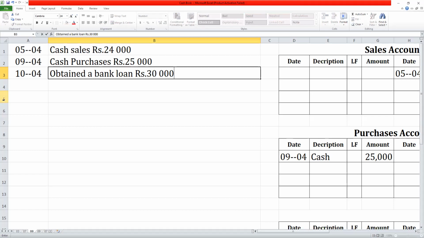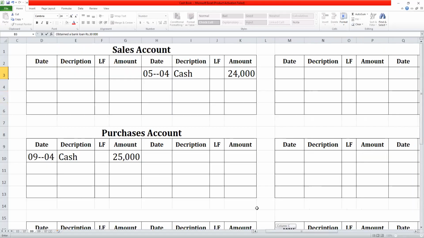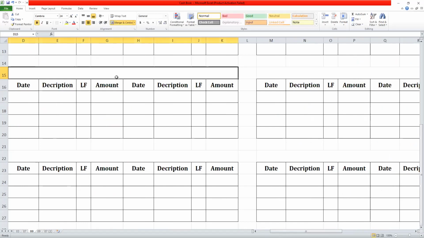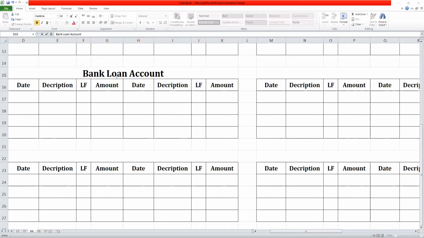Okay, good. So what we should do now, we have to open the next account we need, that is bank loan, which is a liability account. So cash book is debited now.